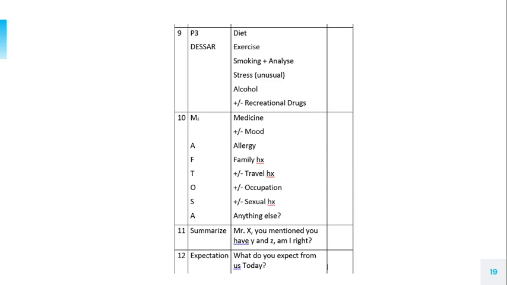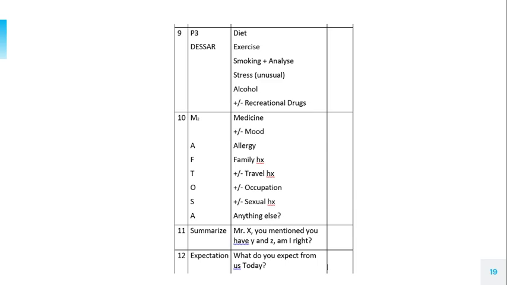And the ones with plus or minus, it's upon you to make a judgment depending on the scenario. So in our scenario, you could get away without asking the travel history, the occupation, the sexual history. Medicine, I don't think you will get away with it. Allergies, it's important, perhaps not to give you the cause, but when you're trying to manage the patient later on, you want to know the drugs you're giving them. Probably they might have been allergic to it before.